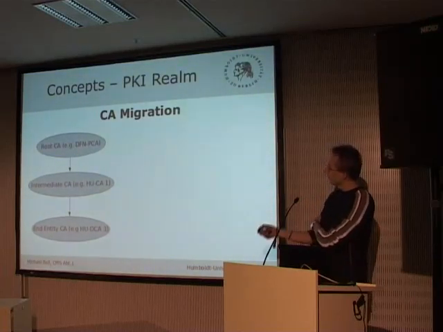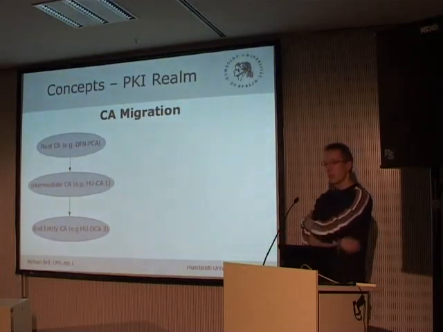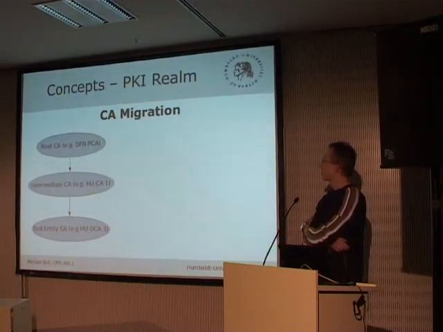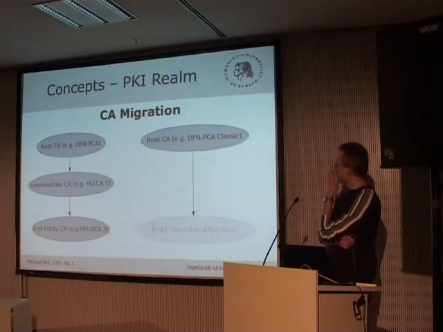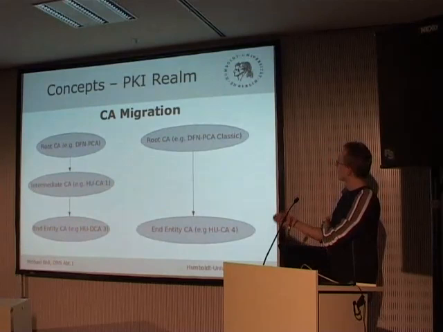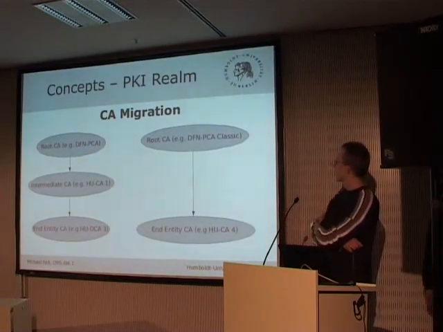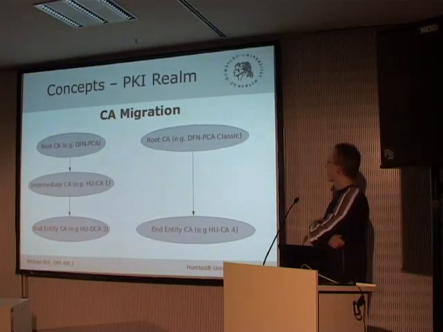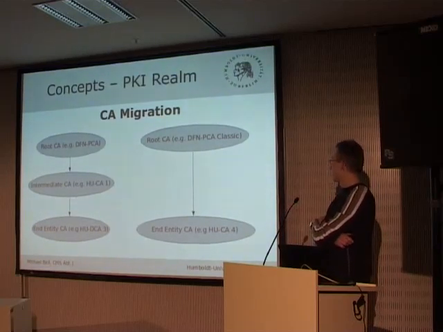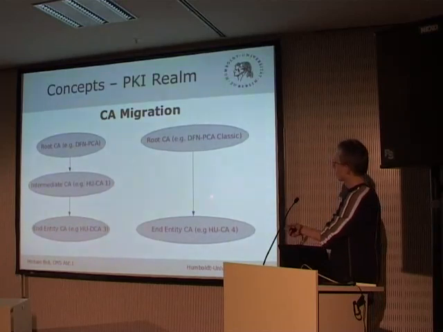The interesting thing is that this intermediate CA only issued one certificate in the whole lifetime, the end entity CA certificate. This is a little bit stupid, and so what makes migration meaningful is we have now only a root CA. Okay, we have also now a real change in the root CA because we have another PCA here, and we have only our end entity certificate.